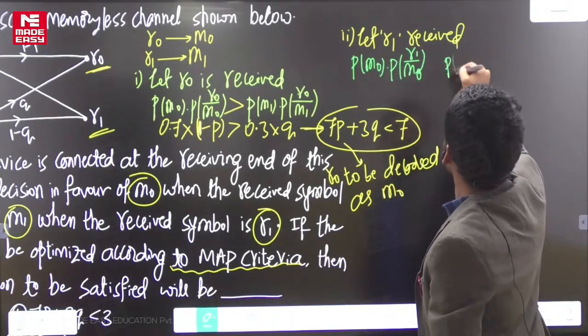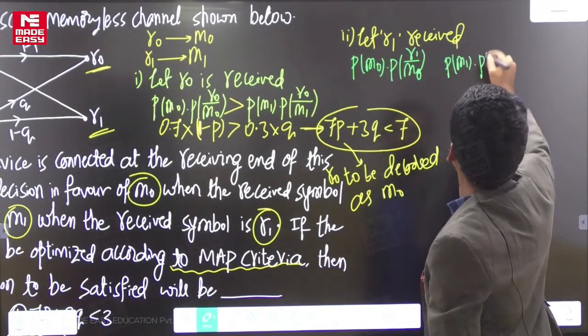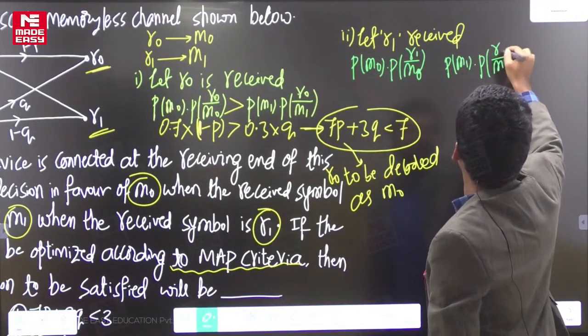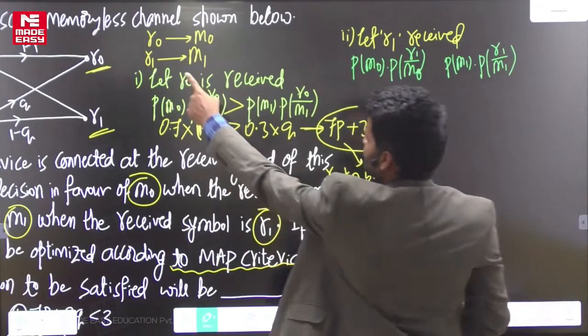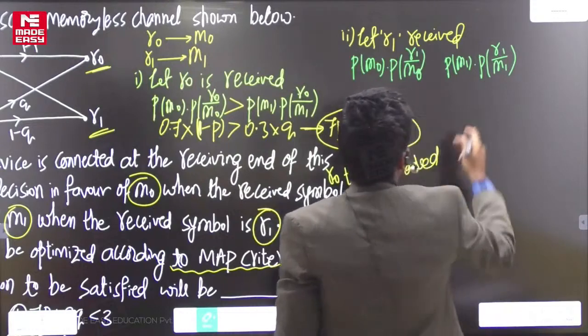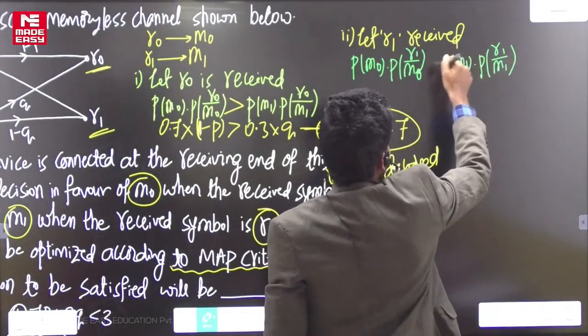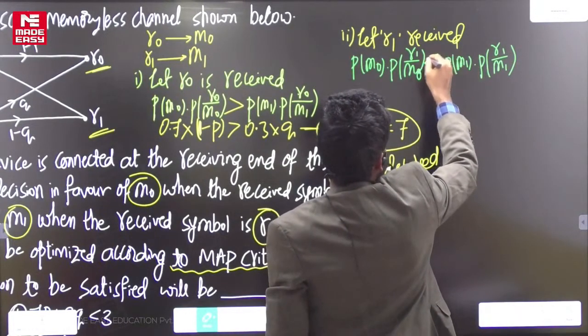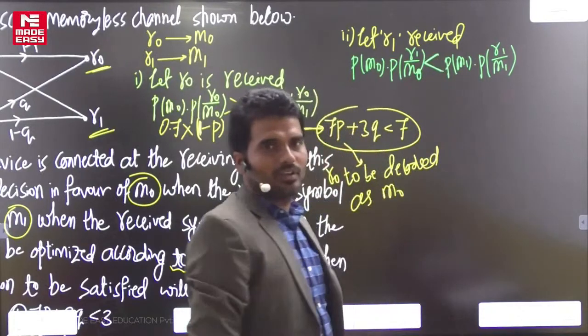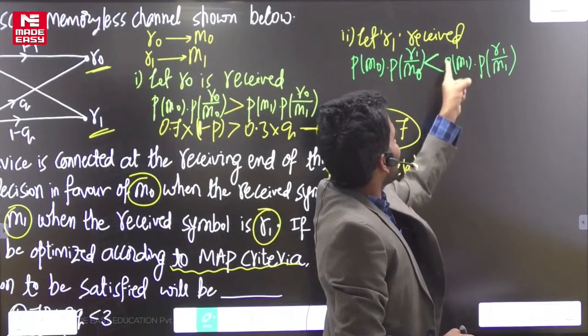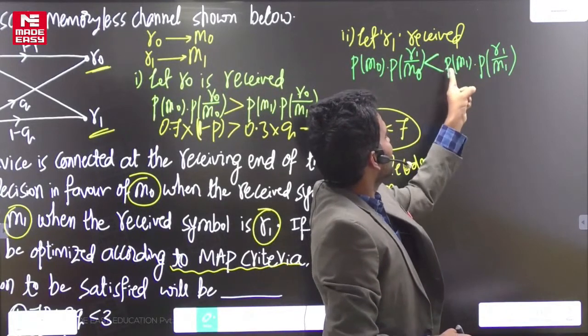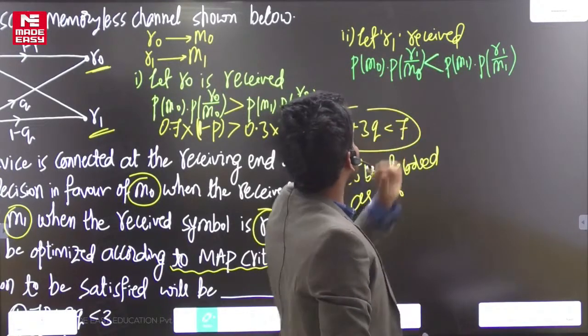Another possibility is M1 emitted and M1 received as R1. Here the requirement is that R1 should be decoded as M1. For R1 to be decoded as M1, P(M0)P(R1|M0) should be less than P(M1)P(R1|M1). Then M1 has more chances, so R1 will be decoded as M1.